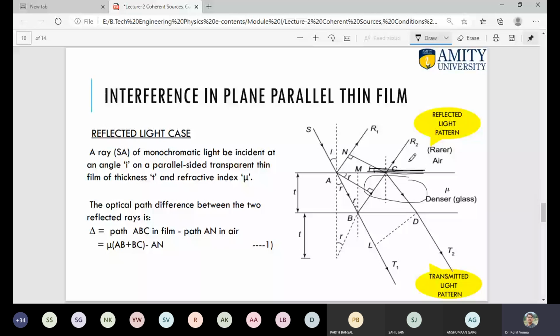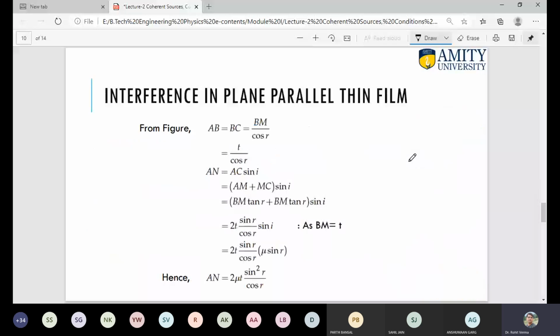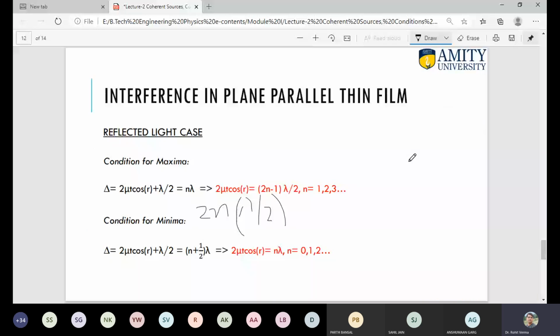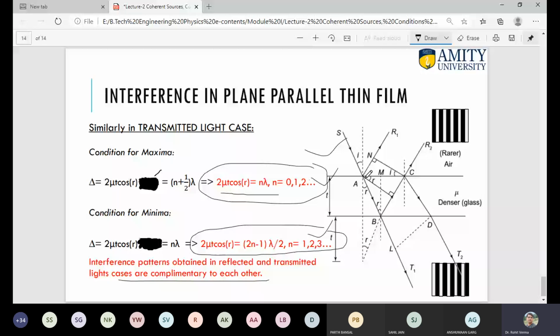But in case of transmitted light, we are not concerned with the light ray which is reflected. We are concerned with the transmitted light. So since we are only concerned with the transmitted light, we do not have to add that lambda by 2 due to the Stokes treatment. Okay, sir.